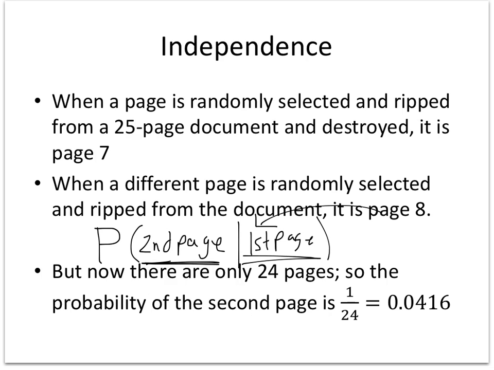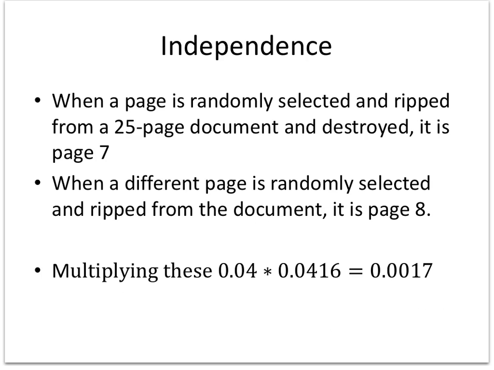So how we say that in numbers is we're only picking one page again, but now there's only 24 pages because one's already been ripped out, and now we get this probability. Actually multiply these together, and you might say, well, that's what you did for the independent, but no, the independent probability just said take the probability of the first event times the probability of the second event.